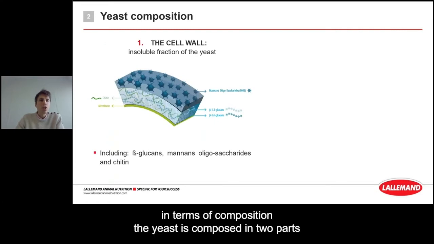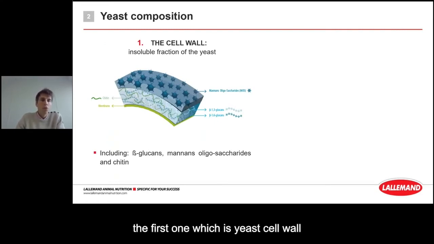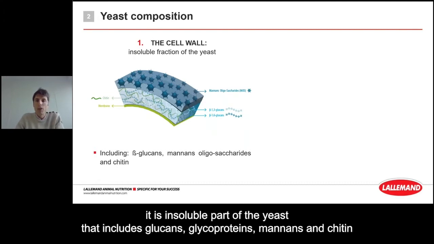In terms of composition, the yeast is composed of two parts. The first one is the yeast cell wall, the insoluble part of the yeast that includes glucans, glycoproteins, mannans, and chitins.